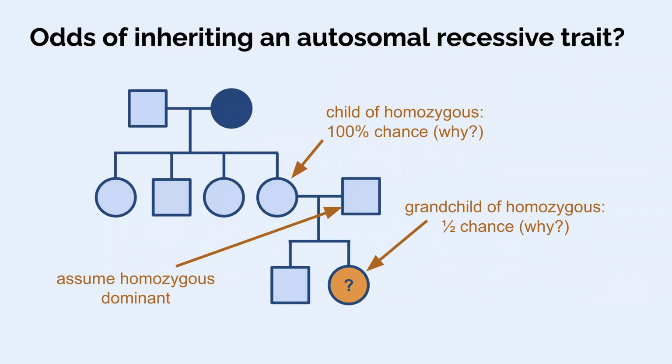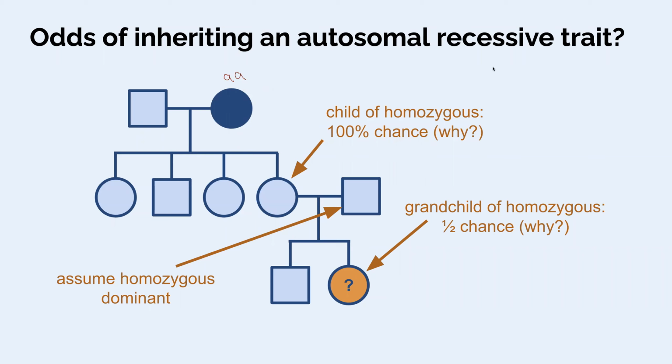We can also use these pedigrees to calculate the chance of inheriting a trait, using a very simplified version, assuming that it's caused by an autosomal recessive allele. So if we had this here, we've got a person who definitely has the trait.